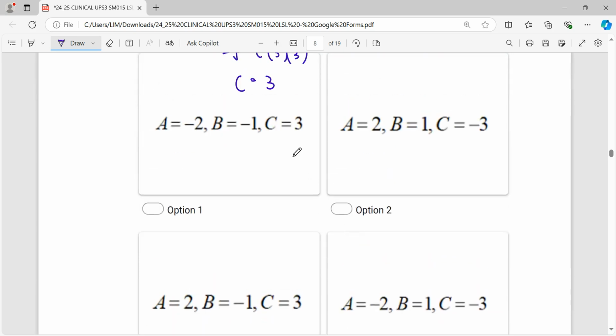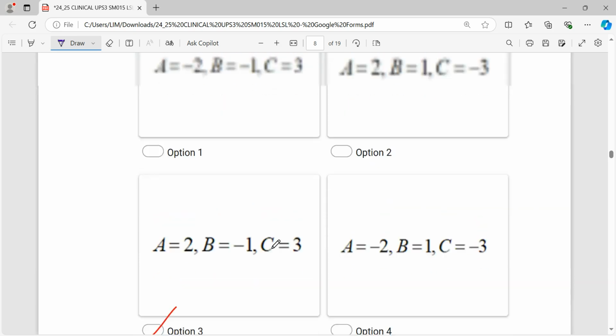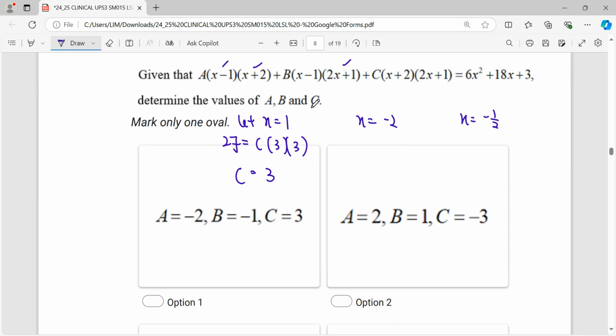So we might have option 1 and option 3. Then we continue. When we have x equals negative 2, we substitute. Negative 2 comes from this factor. It will eliminate a. Also, from here we can substitute, we find b. Then for this, it will be eliminated. So we find out this one.